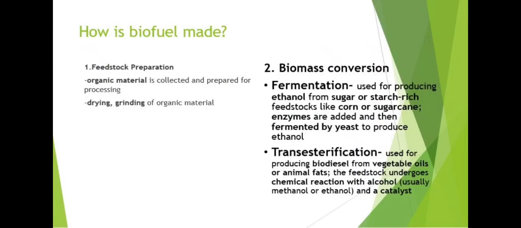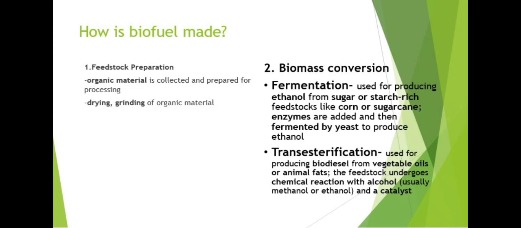Now, we already know that biofuels are made from organic materials like plants, algae, and animal waste. But how is this made possible? Making these materials into liquid or gas fuels. First, feedstock preparation.